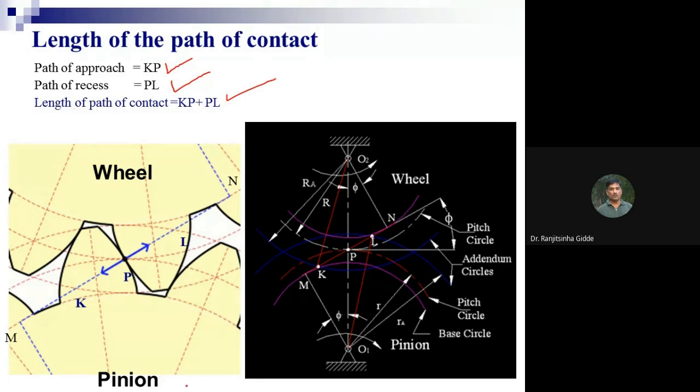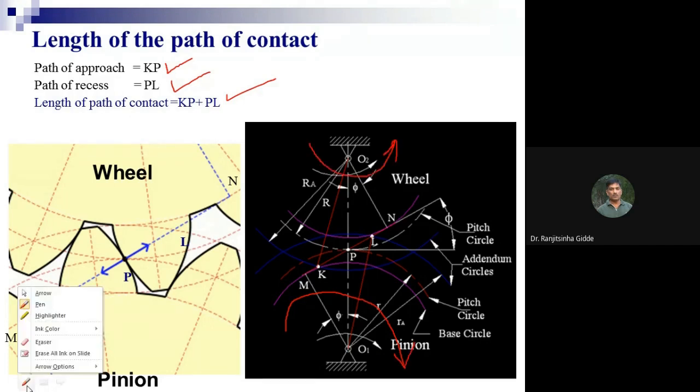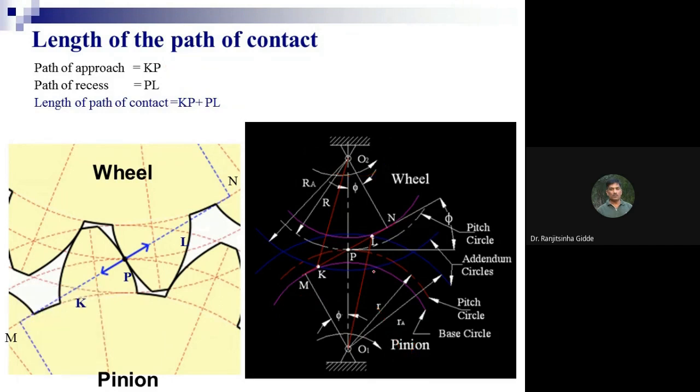This side is the pinion and this side the wheel. Pinion is rotating clockwise and the wheel will rotate anti-clockwise. Based on that, KL will be the length of path of contact.